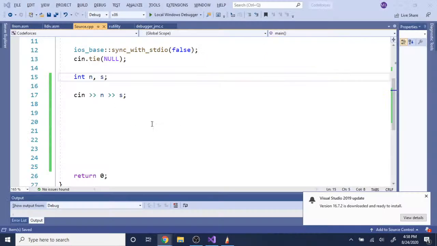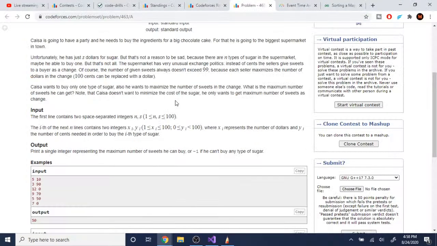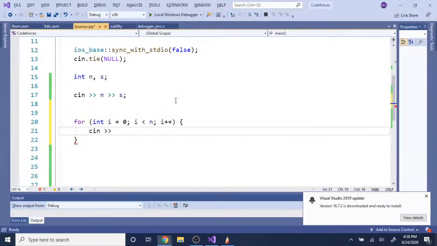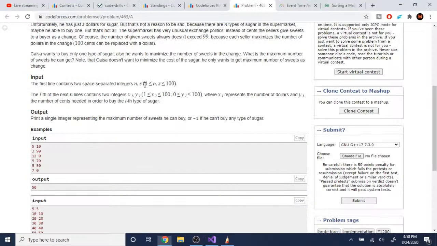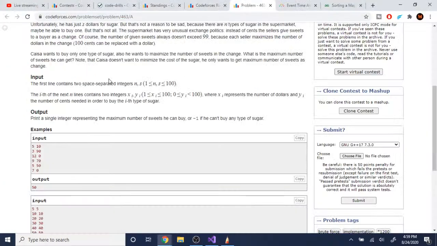How big is S? That's 100. Okay, so then now we're gonna go here, and we're gonna read in X and Y. Okay, so back to this. Print the maximum number of sweets you can buy, or -1 if you can't buy any.